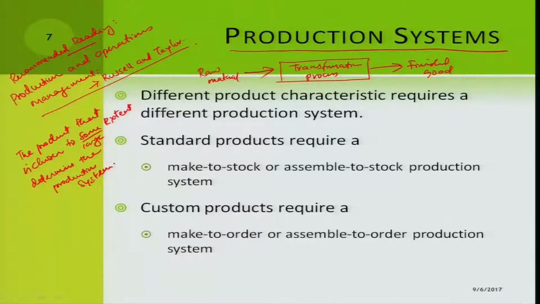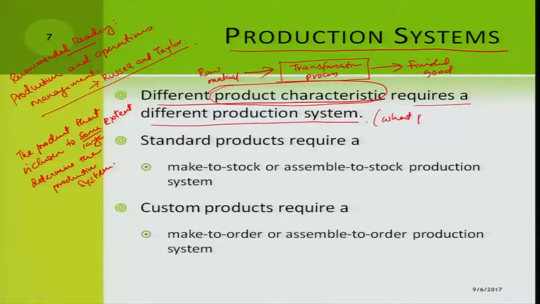What we are talking about here is that product characteristics require different production systems. Depending upon the characteristics of the product, this to a large extent determines what production system to use.